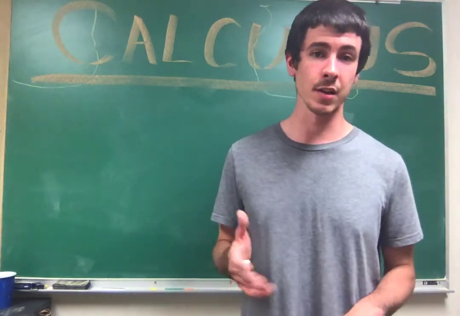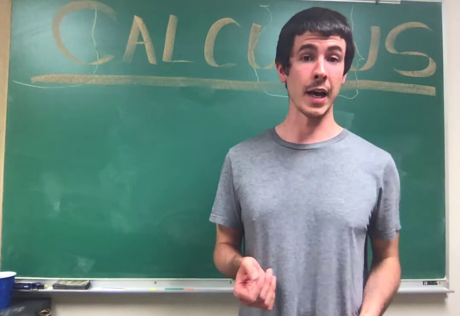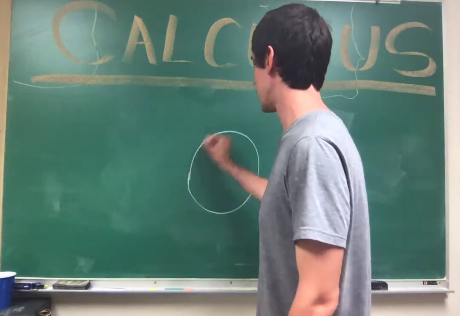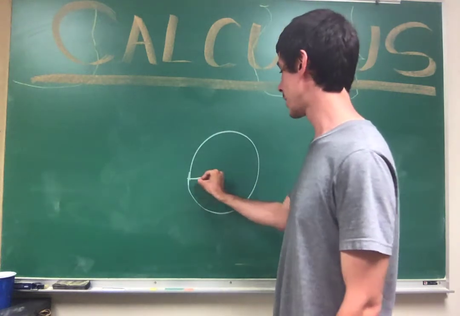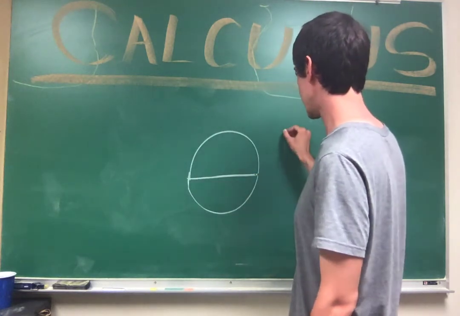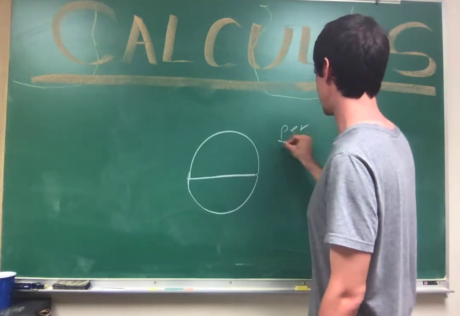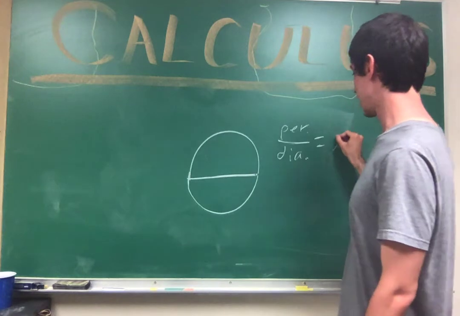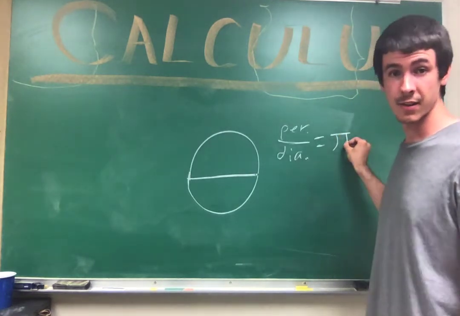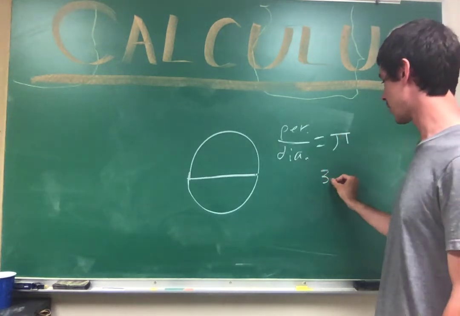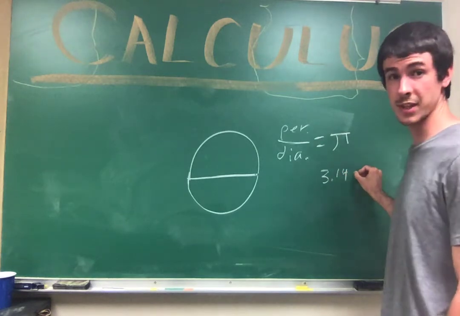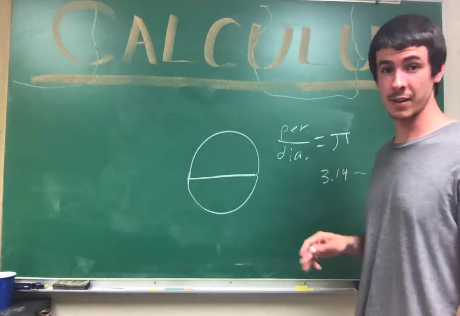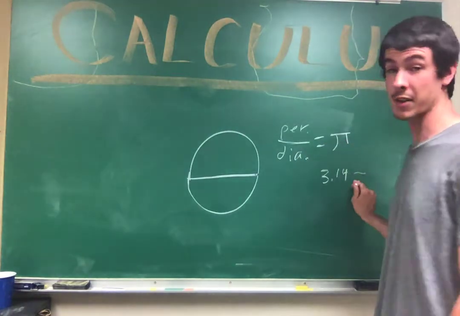And we all learn in school that the ratio of the perimeter of a circle to its diameter, perimeter over diameter, is pi, and that pi is 3.14 something. I don't actually know the next digit, but this is just something that we're told.